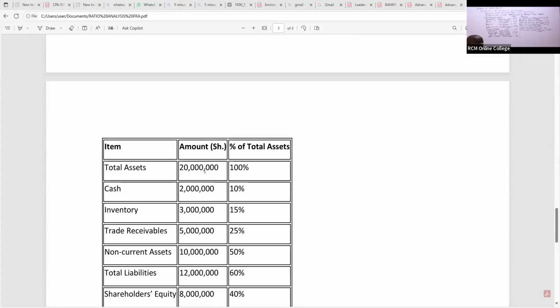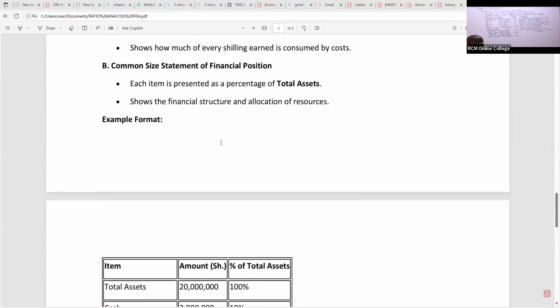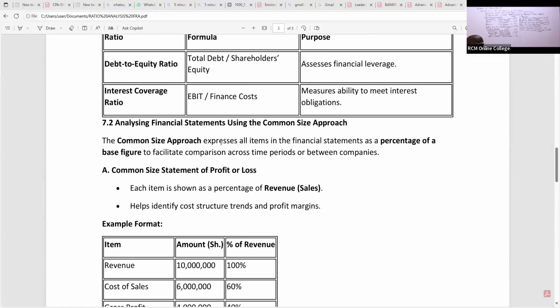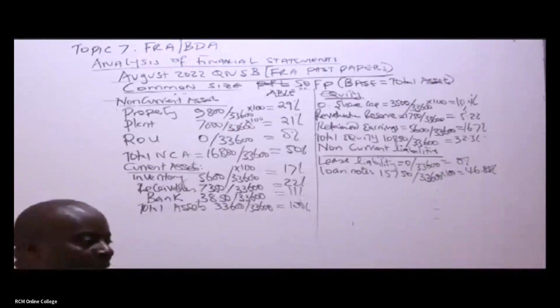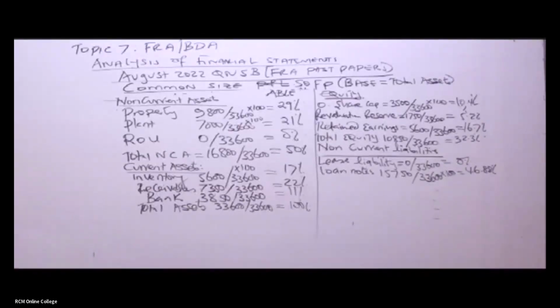So you can see, like I gave you a small example here, our total assets were 20 million, and all the numbers are being divided by that 20 million. That's what we are doing. And then PC, remember, for the income statement, everything is to be divided by revenue. I hope that answers your question, PC.